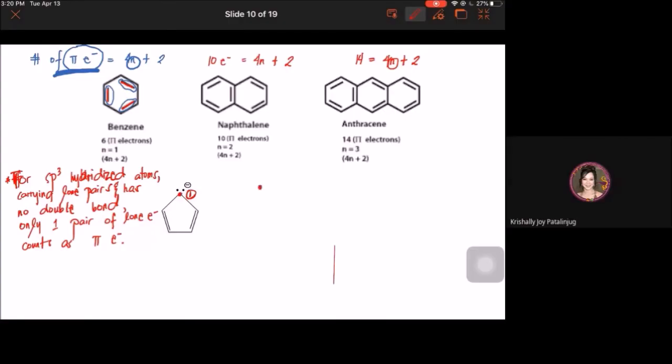So let me magnify this. This is the carbon that has a lone pair, bonded to an sp2 hybridized carbon, and an imaginary hydrogen. If you count its electron groups, that is 1, 2, 3, and 4 electron groups.